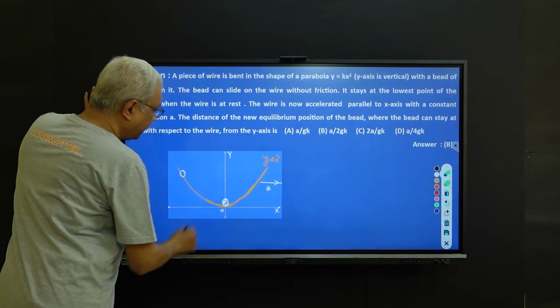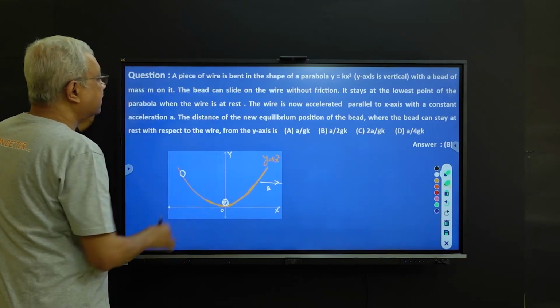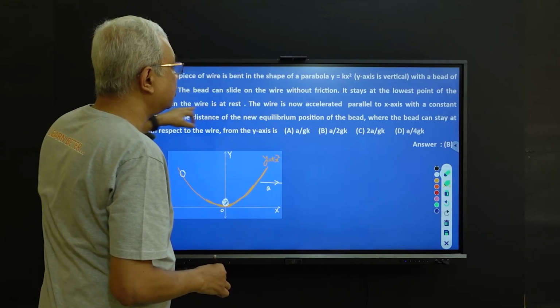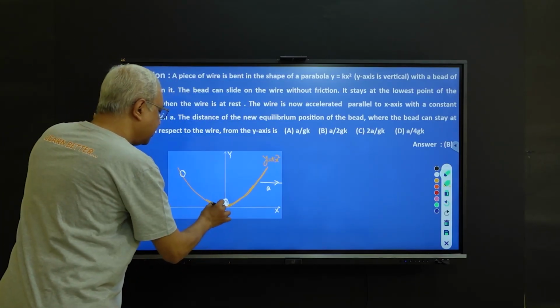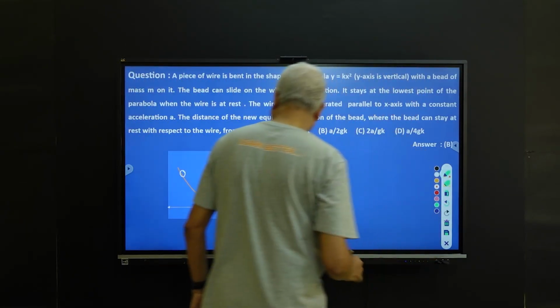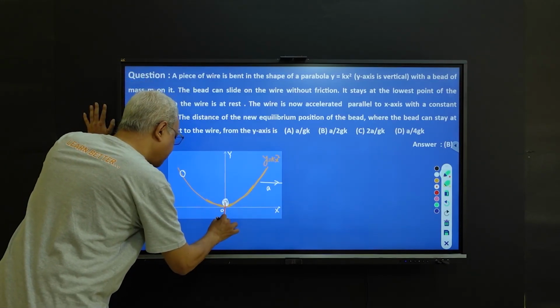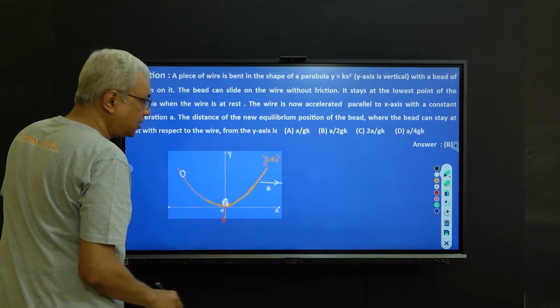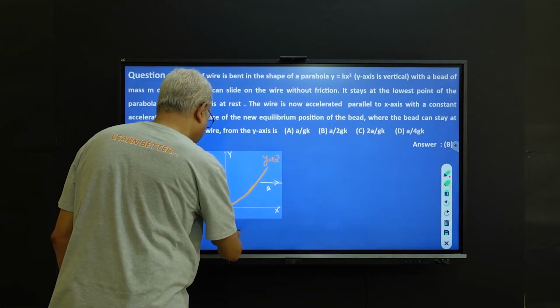So first of all, when the wire is at rest, the bead is at the lowest point of the parabola. Here there are two forces acting on the bead.